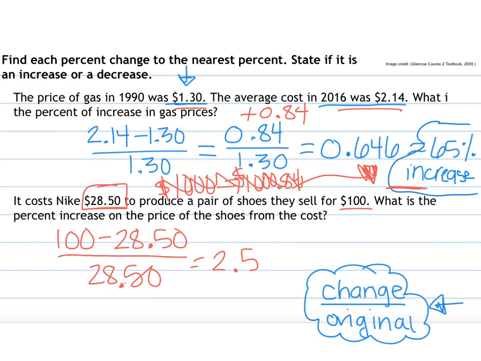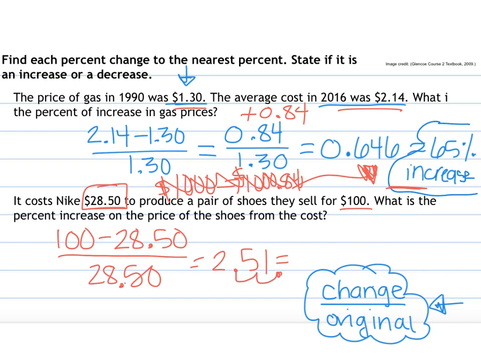2.5. If we round it to the nearest hundredth, I would get 2.51. So the percent increase equals 2.51, and then remember we have to change it to a percent, so that's why I rounded it to the nearest hundredth.